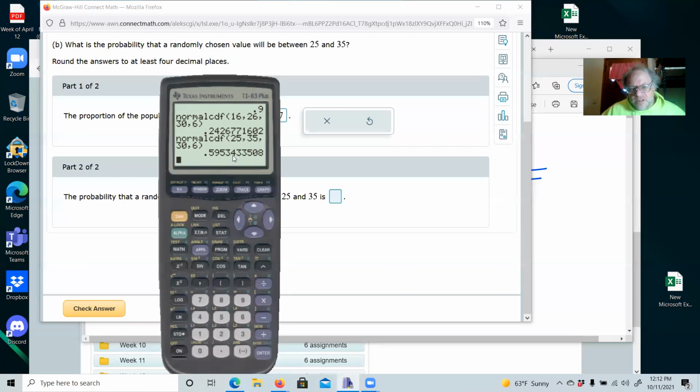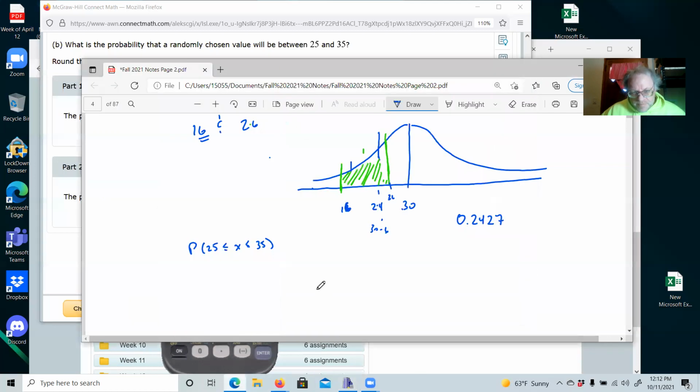0.59534. This 4 is not contributing to the next number up. When we round, this is just going to drop. So 5953. Okay. We want to do normCDF 25, 35. That's the min and the max.